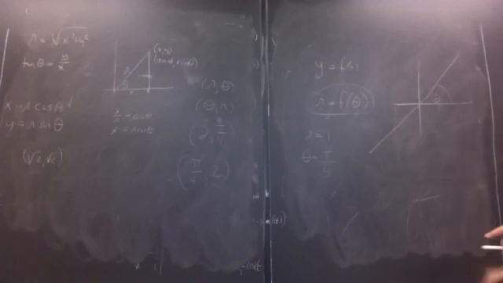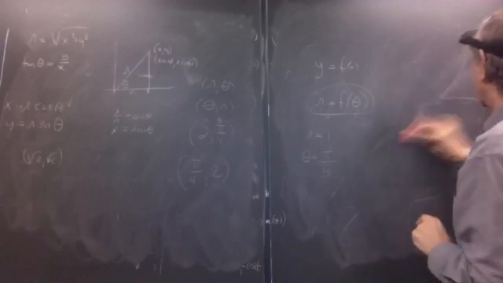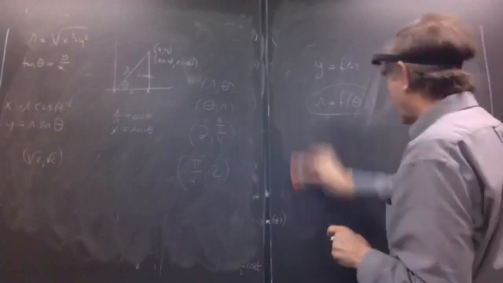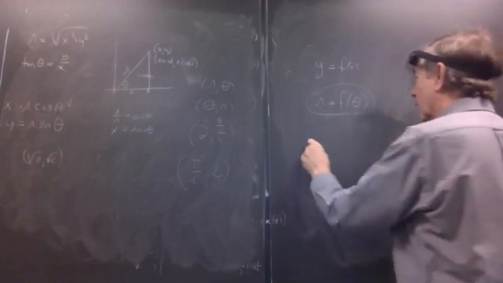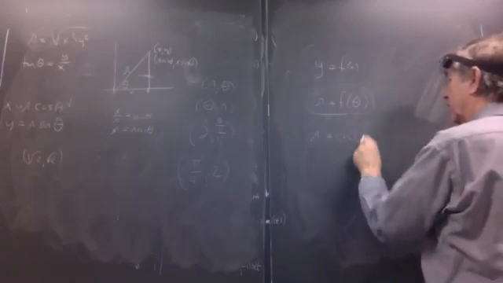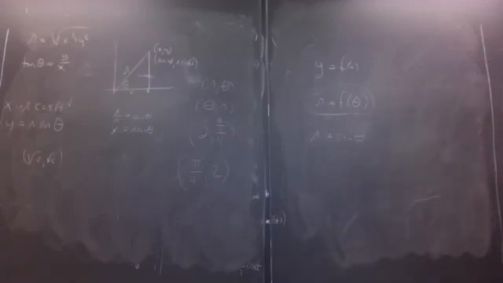Okay. So what if I have more complicated things? Like r equals cosine theta. What's the polar graph of that?